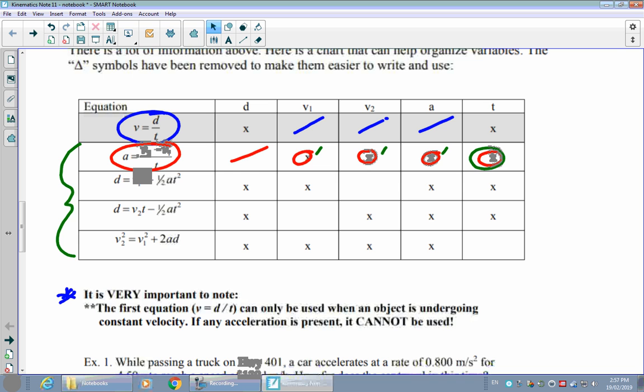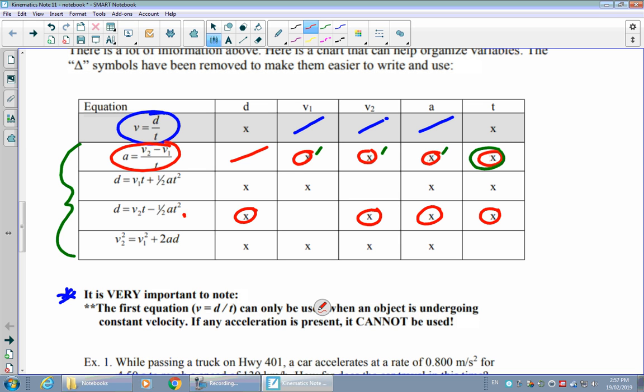If I look closely, I see that there's an equation here that uses displacement, V2, acceleration and time. So this must be the equation that I need to select in this particular case.